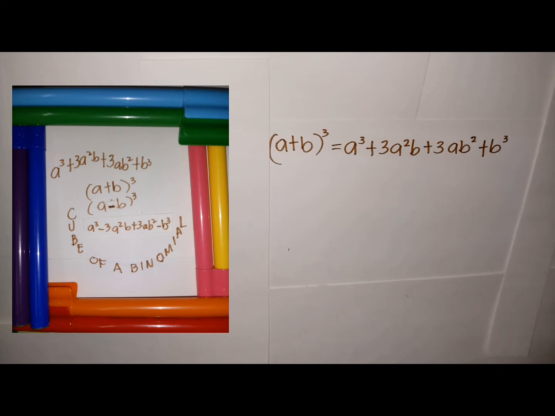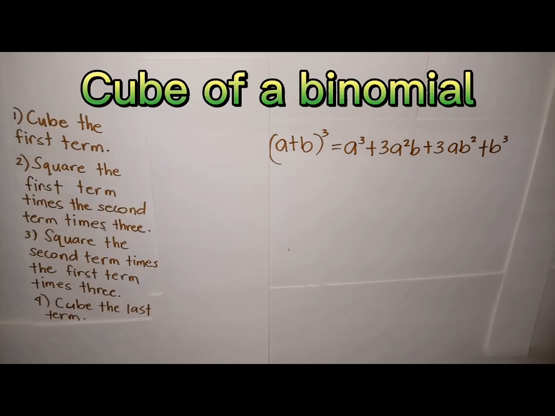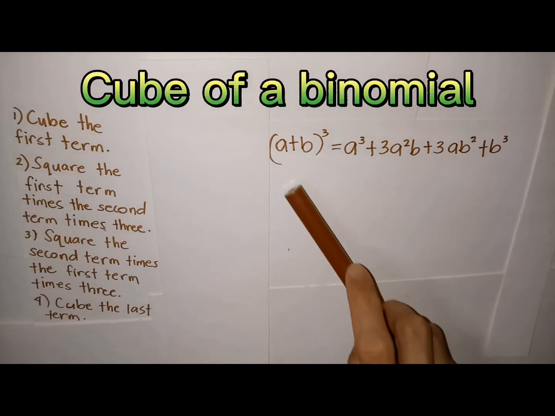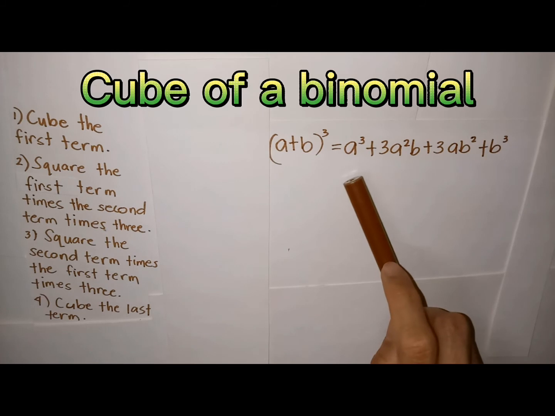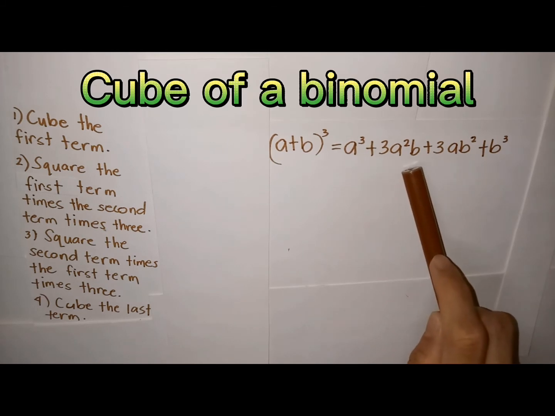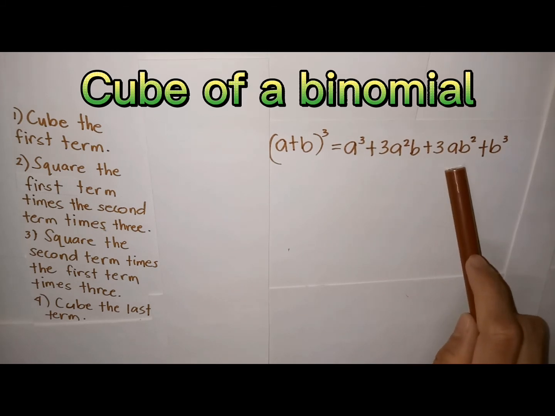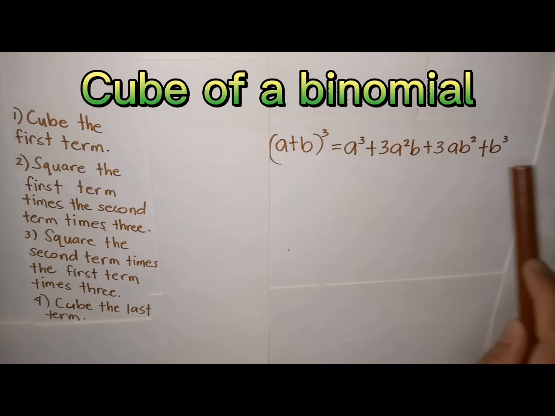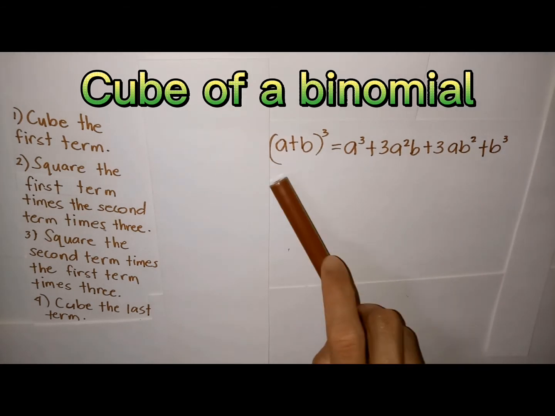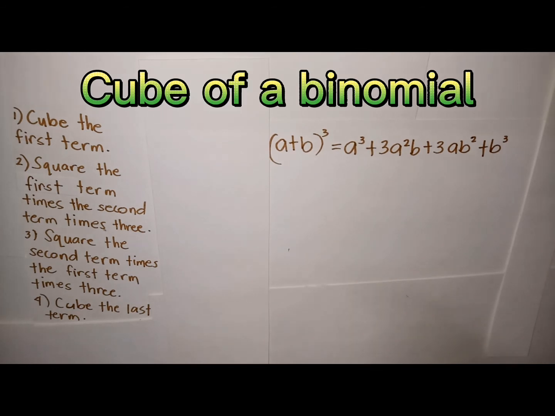Let's now proceed to the third one. We have the cube of a binomial. So we have the given formula. The quantity a plus b cubed is equal to a cubed plus 3a squared b plus 3ab squared plus b cubed. Again, we have two terms, which is a binomial.